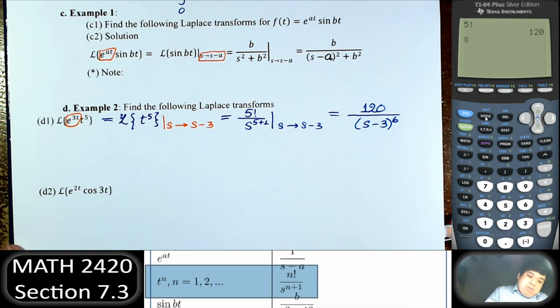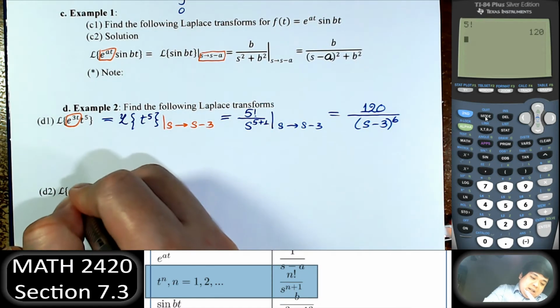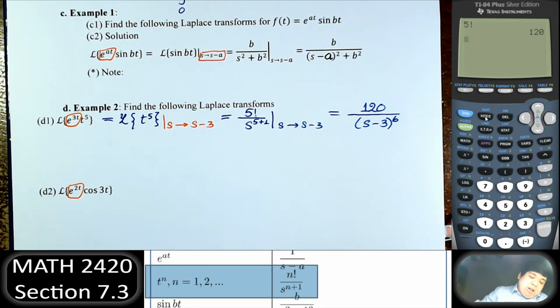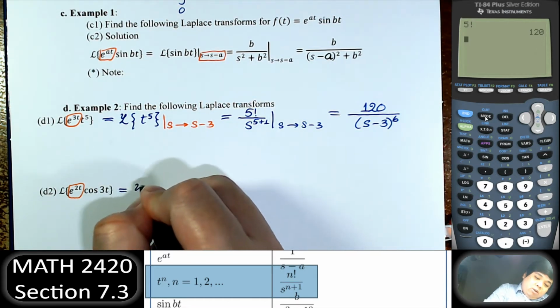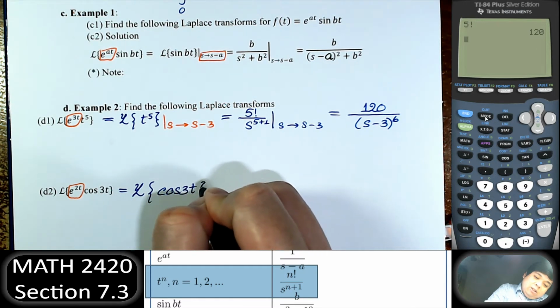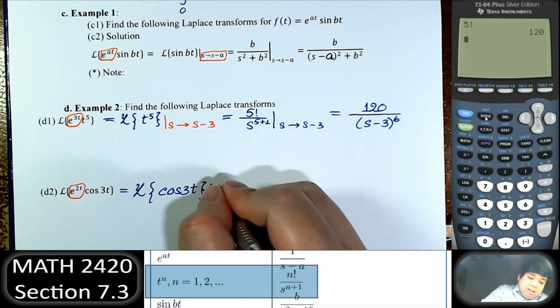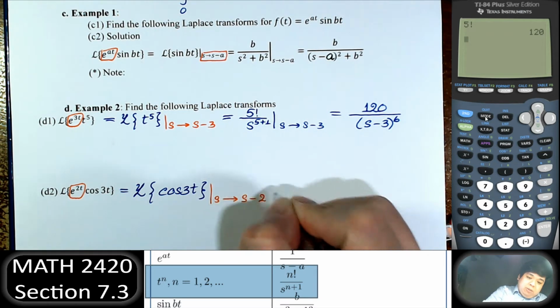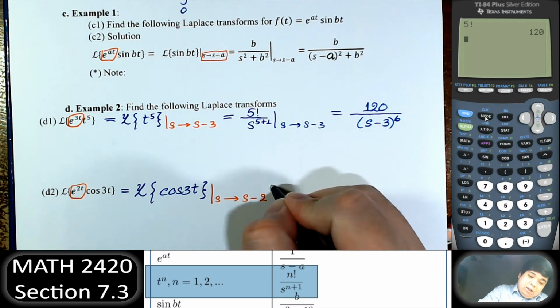Next we have this. Once again, this device will transform s to s minus 2. So we first do the transform of cosine of 3t, and after that we replace s by s minus 2. Right.